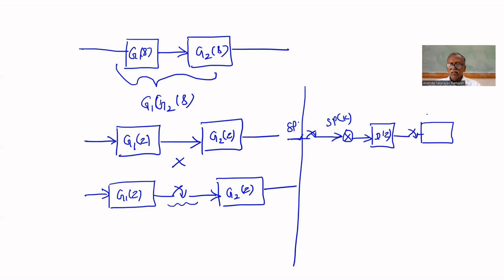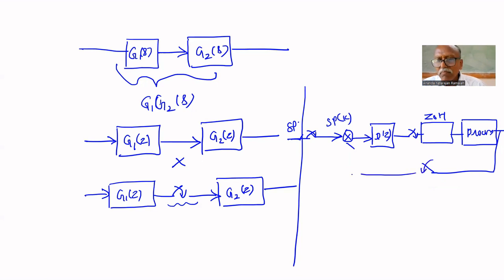The DAC and zero order hold circuit is given here. It consists of the DAC as well as the hold circuit. After that, your process is there. You can draw a sampler, then give it here.